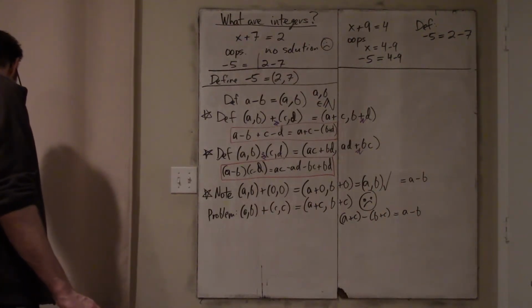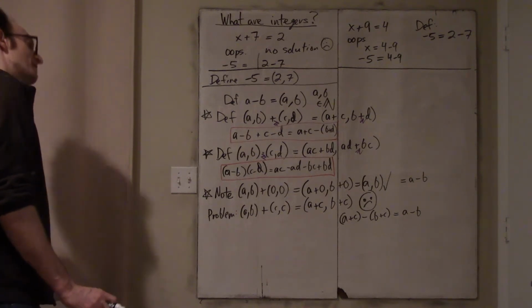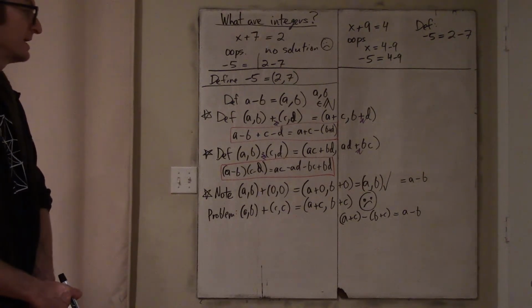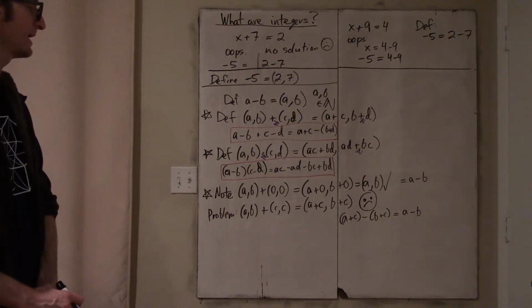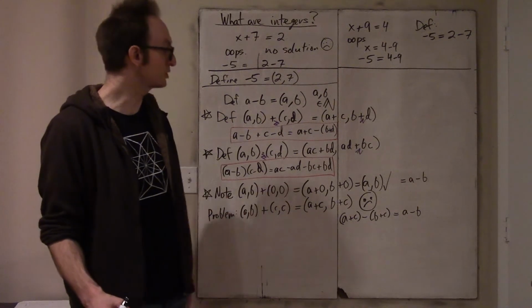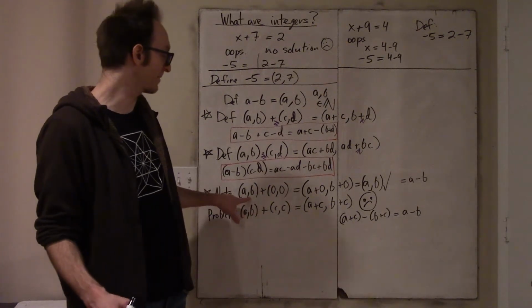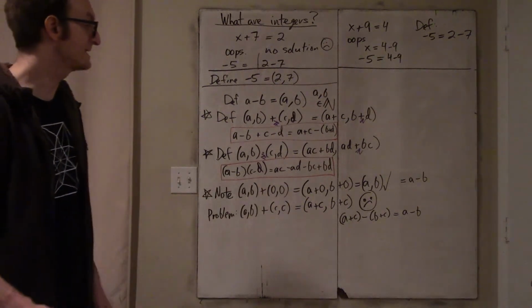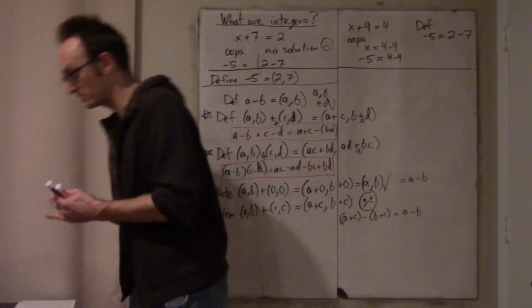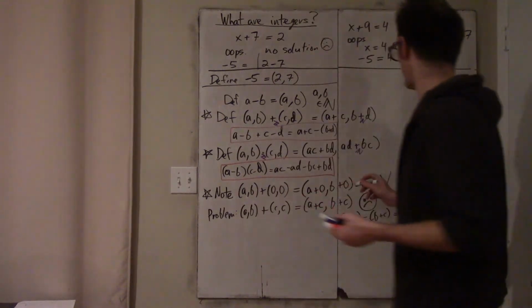It's not that there is another number which is an additive identity. It's that intuitively (A, B) plus (C, C) should give the same thing as (A, B) plus (0, 0). And yet it doesn't, because these two ordered pairs are just not the same ordered pairs.